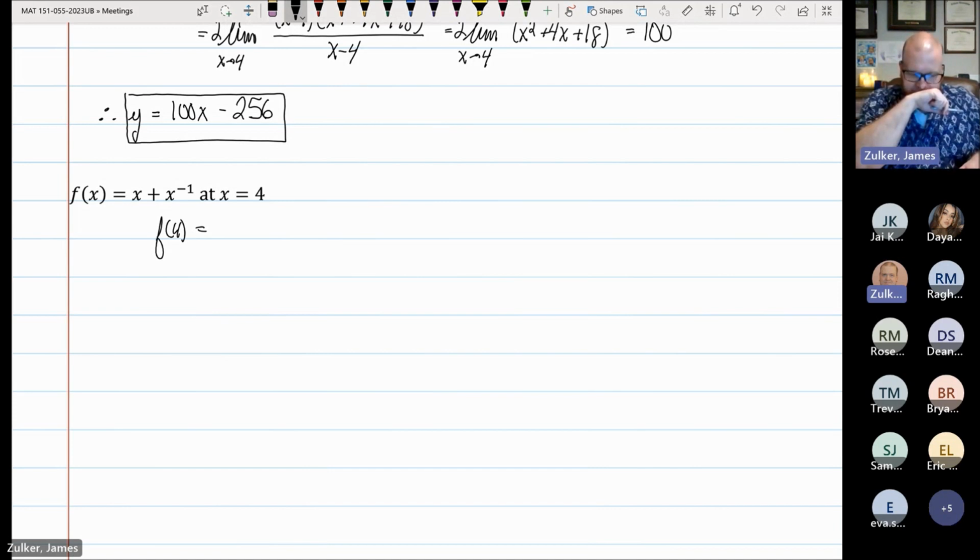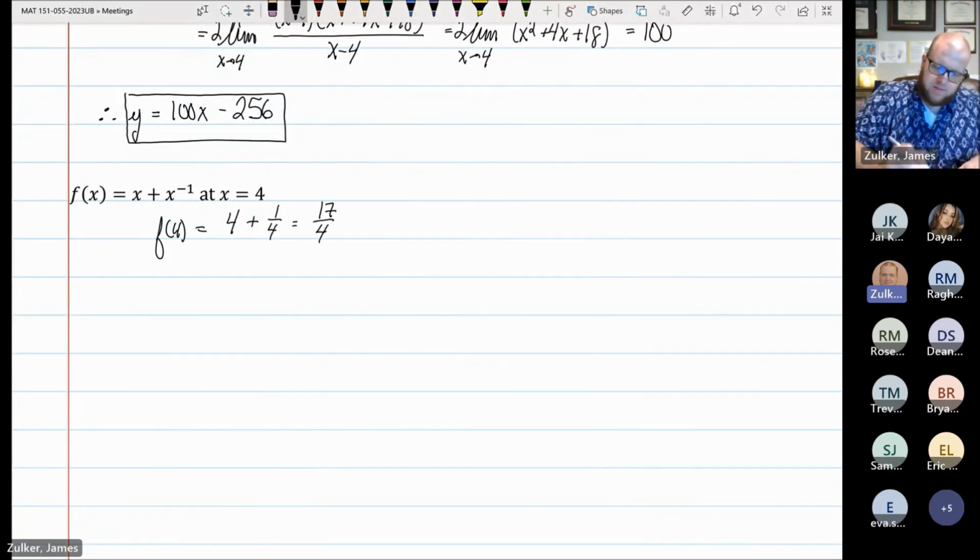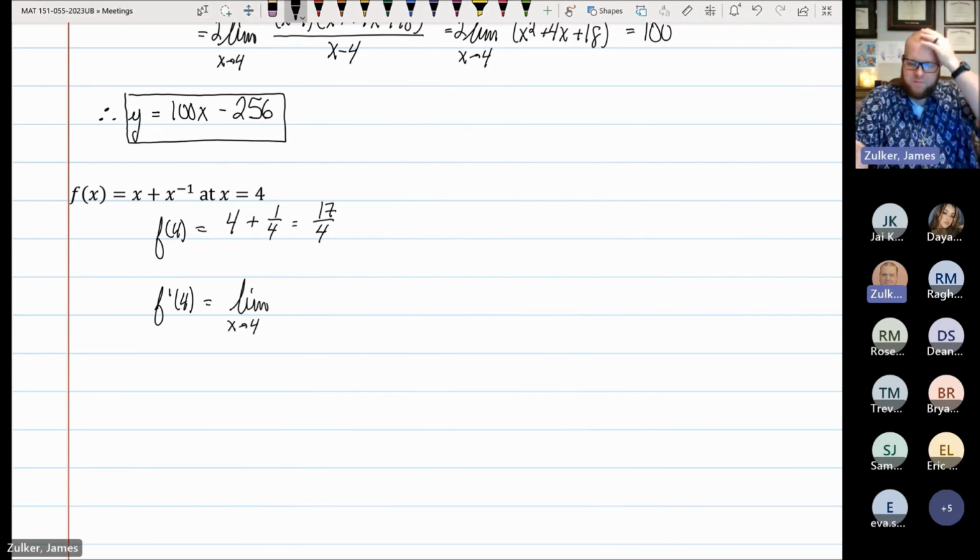First, find f of 4. That's 17 quarters. Now we need slope. F prime of 4.